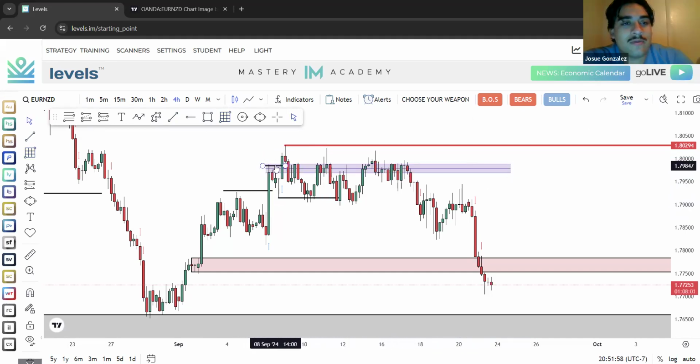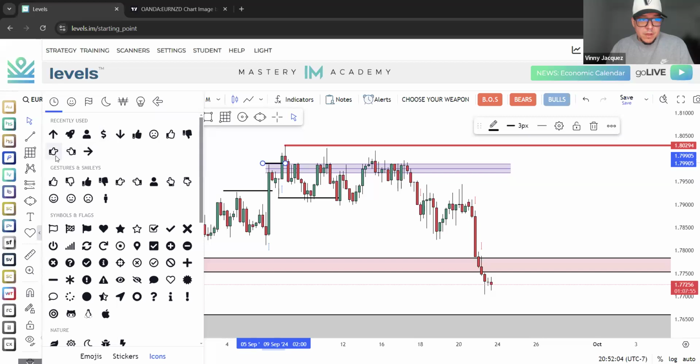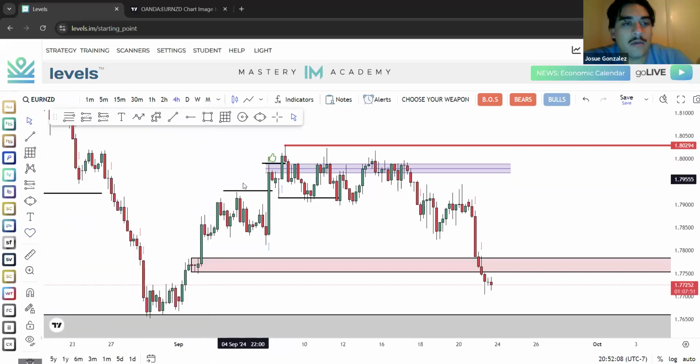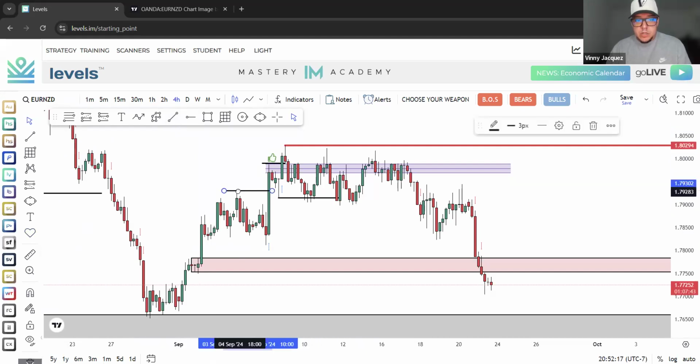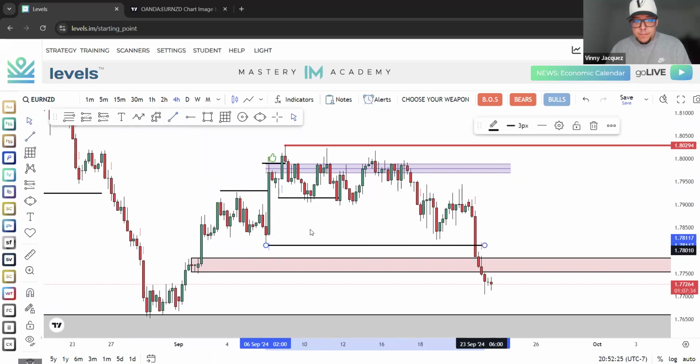So technically this one is already good. This one has been caught. We're not looking to take no more trades off of it. If you didn't catch this one, you have to catch the next. So where's the next trade setup? Notice how we had a break of structure here. We had a starting point. So this is actually a violation of a starting point along with a change of character, right?